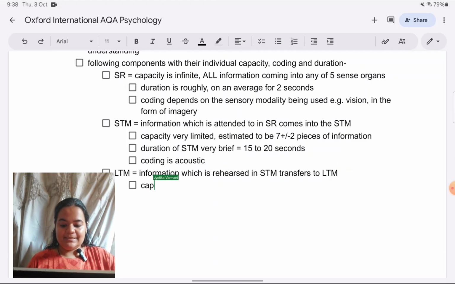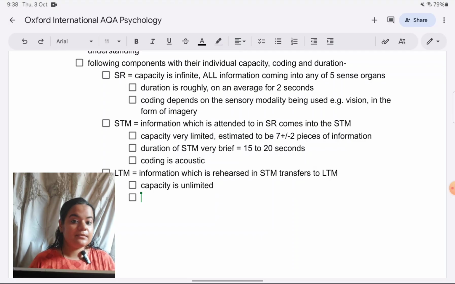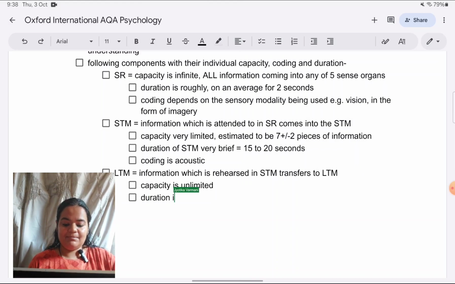Okay, capacity is unlimited. Just now we wrote an answer also about long-term memory and we saw there can be facts, events, procedural information, how to carry out a procedure. So unlimited amount of information is there. Duration is for a lifetime. It's a permanent storage.